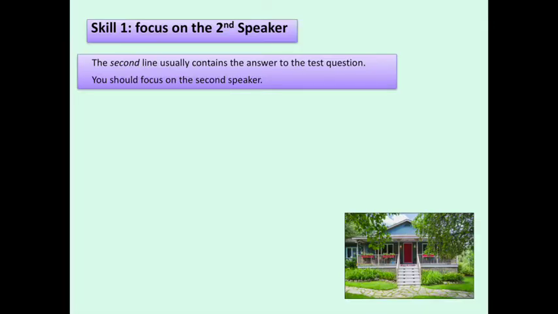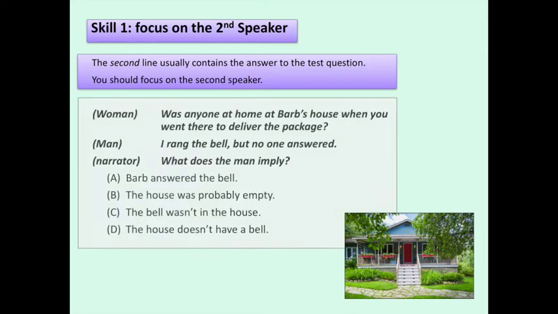Okay, so let's look at this example and think about Skill 1. Focus on the second speaker. Look for an answer that is a restatement of what the second speaker said.